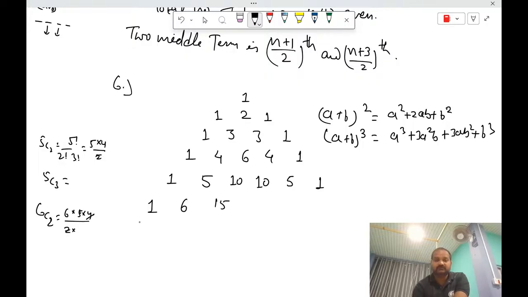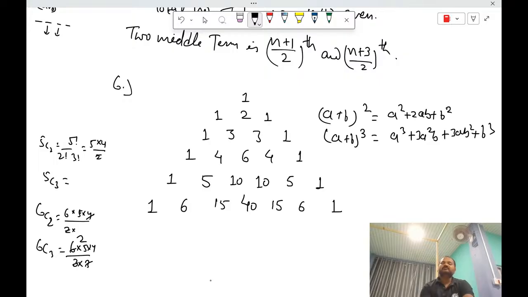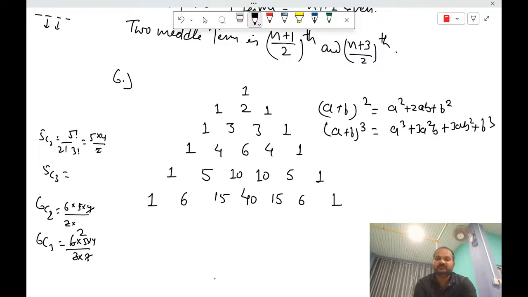Then 6c3 will make 6 into 5 into 4 by 3 into 2, where 3 factorial gets cancelled, so it will be 20. So 1, 6, 15, 20, 15, 6 and then 1. So it will make the pyramid shape. We can find the values for a plus b whole to the power 7, a plus b whole to the power 8 also.